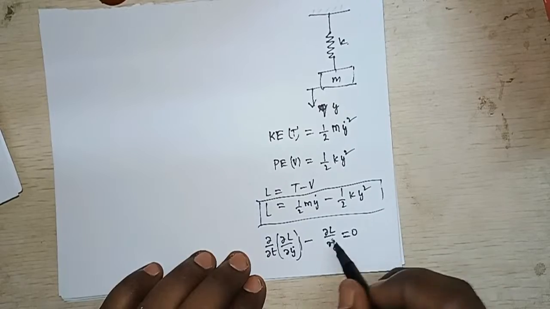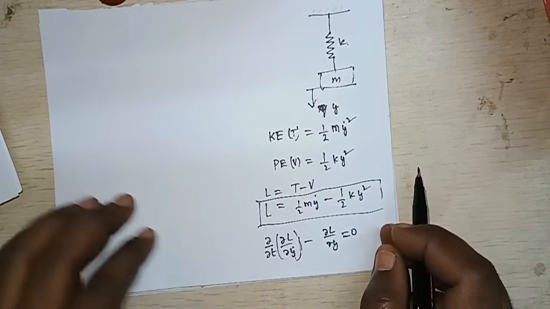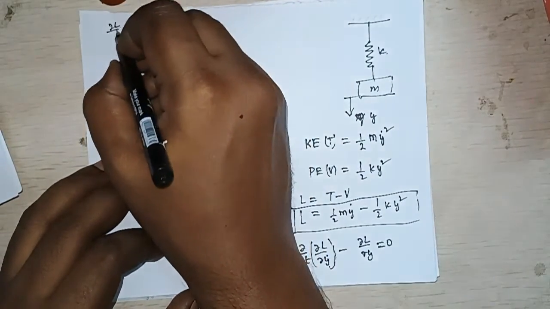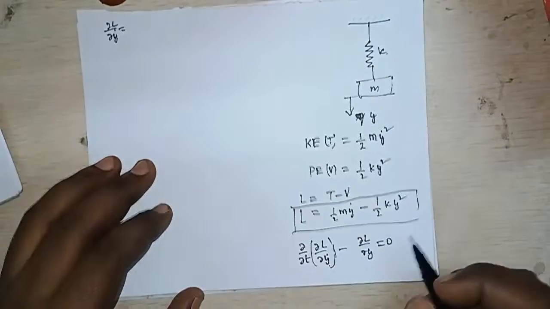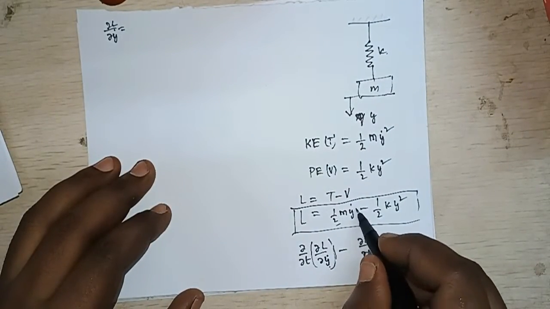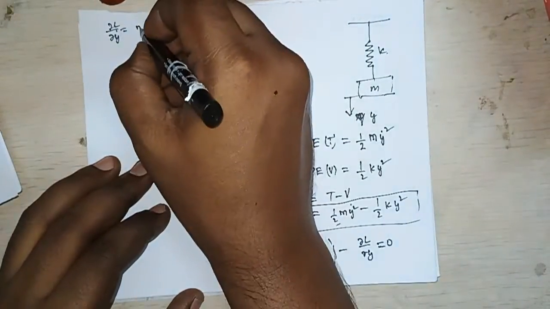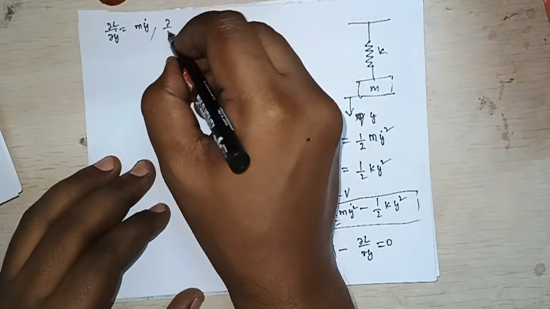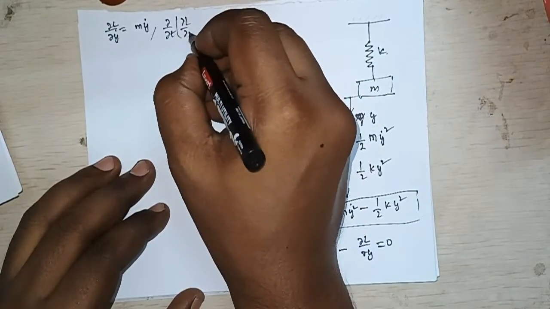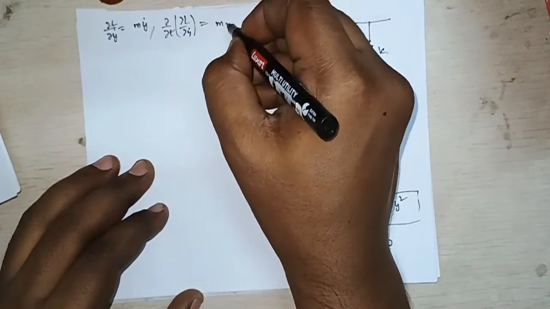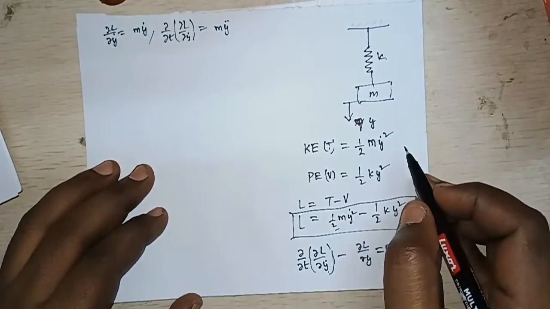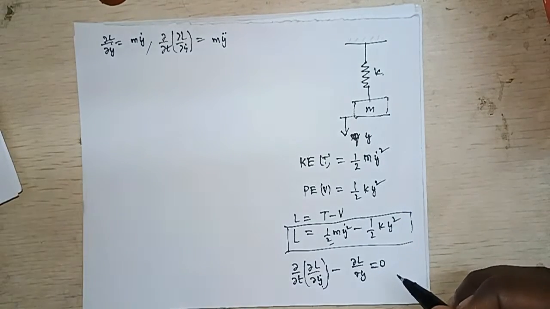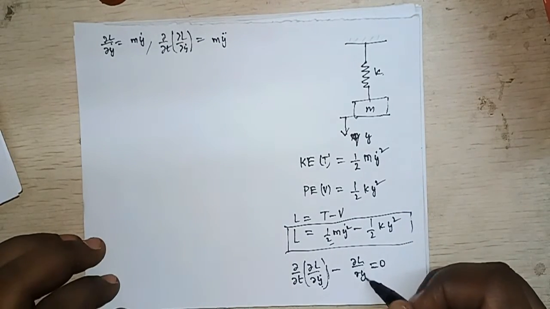What will be dou L by dou y dot? y dot is only over here, it is a square, so it will be m y dot. And d/dt of dou L by dou y dot is m y double dot.